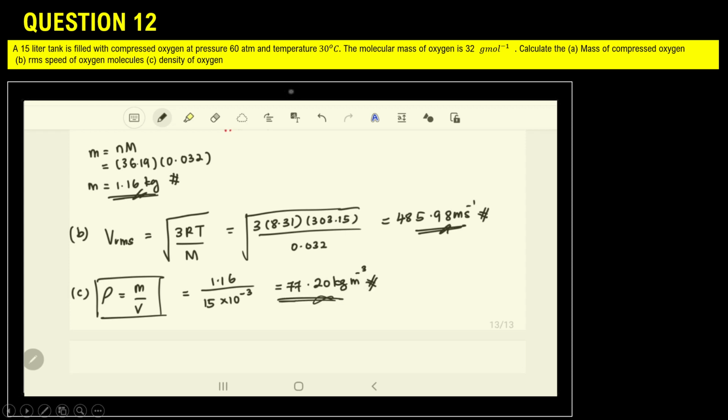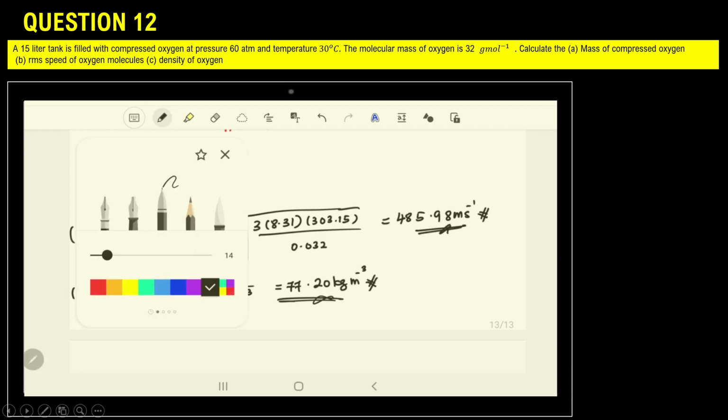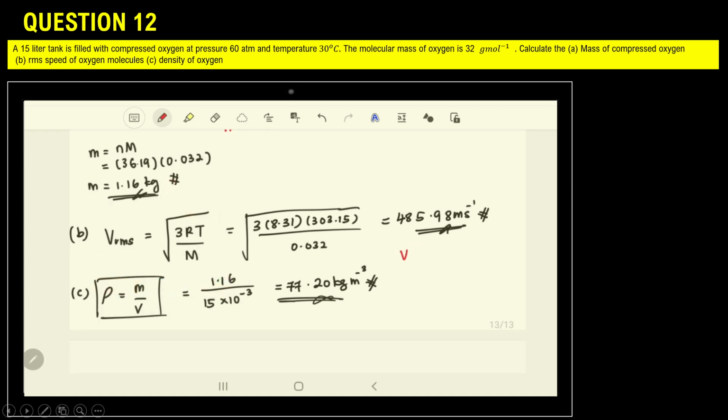Okay, or if you don't want to use this formula, that's also fine. You can use another equation, you can try. As we have the pressure, in this situation we have all the values, so we can find the density from the VRMS equation, where VRMS is equal to the square root of 3P over the density, where P is the pressure.